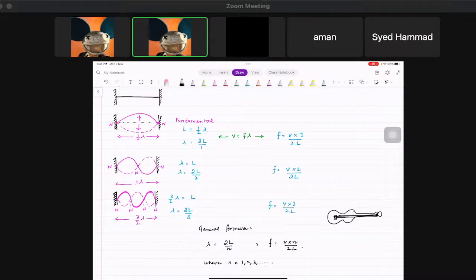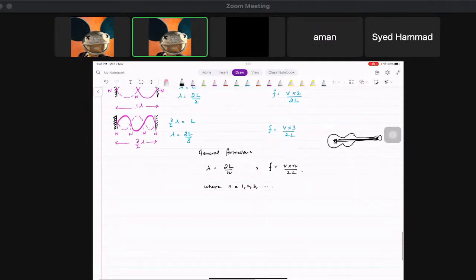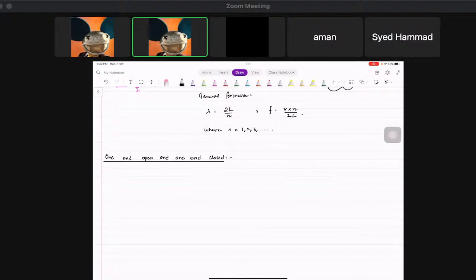Okay, great. Now the other system is like a flute, right? Where it is one end open and one end closed. There are certain instruments which also create stationary waves. So in one end open and one end closed, let me copy this first.